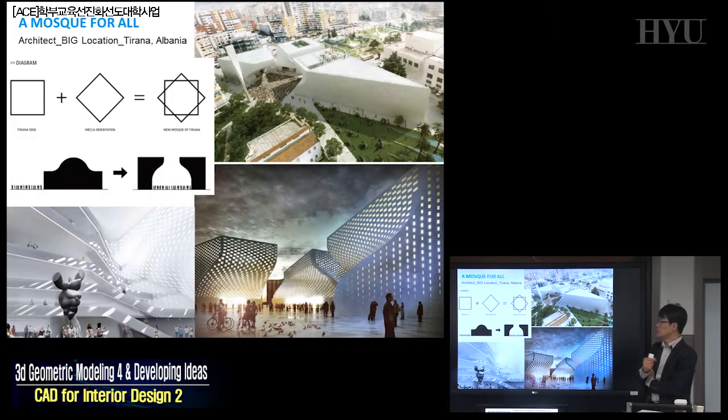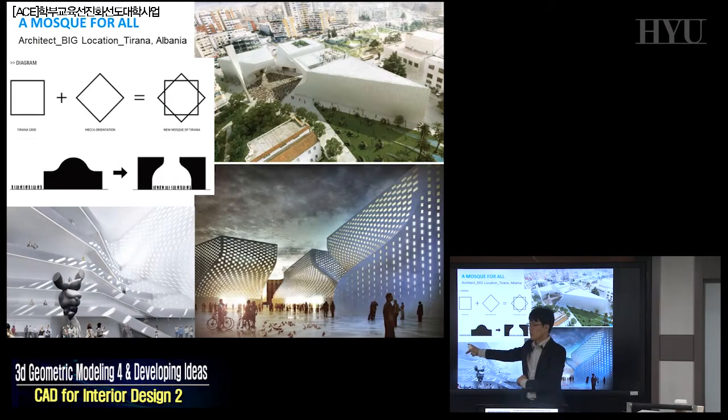So even a very simplified 2D diagram sometimes has really powerful visual representation because we can easily get how this geometry was derived. And now we can understand that the title Mosque for All is very well chosen because it's open space, not enclosed dome space.